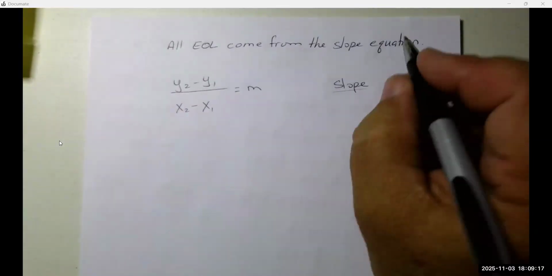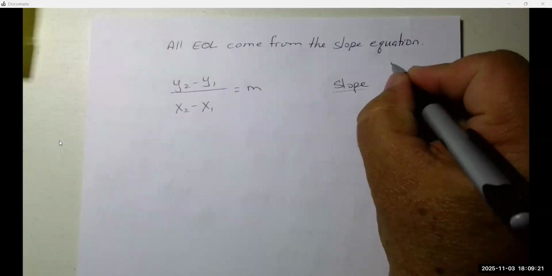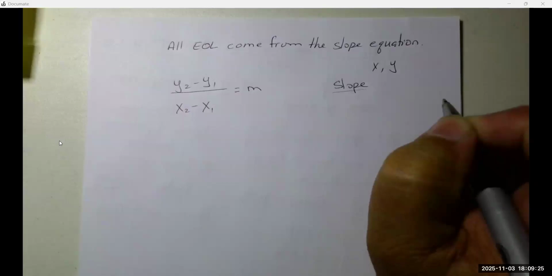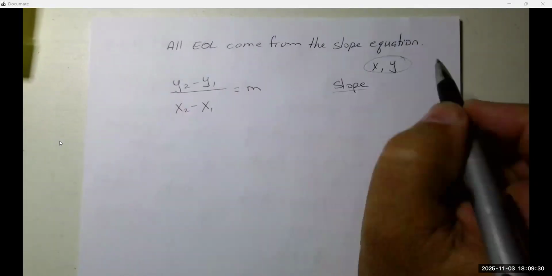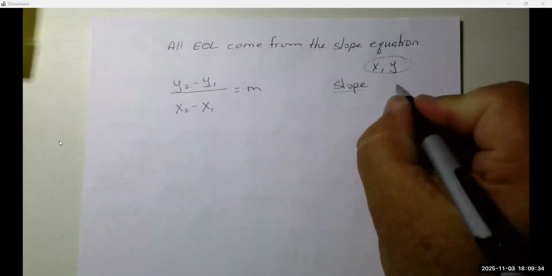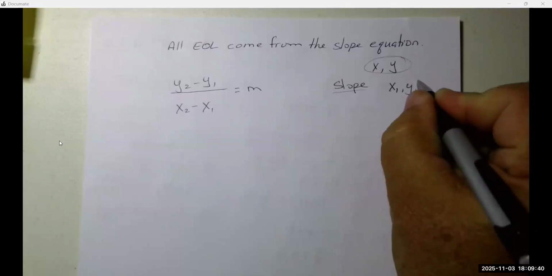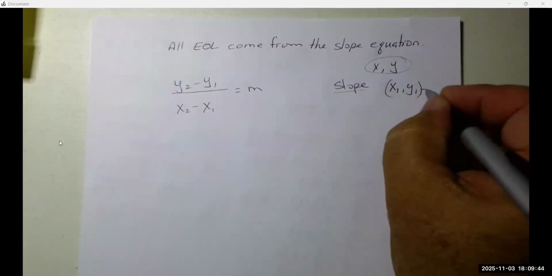And note, all of our equations, you have to have an x and a y, because that has to be in any equation, because those are the variables that we have to use. So what that means is x1, y1 will be a point that's given.